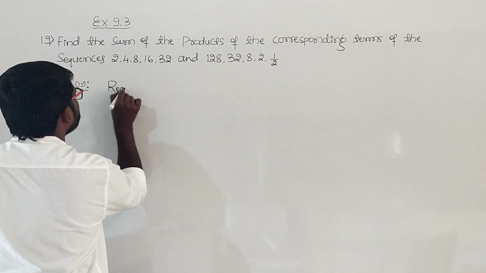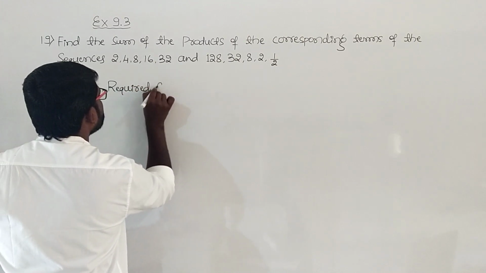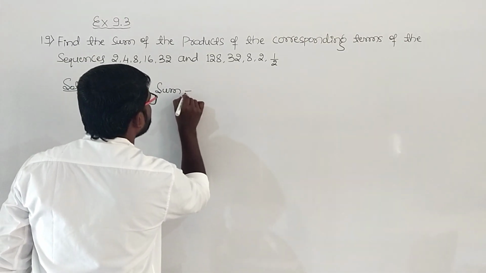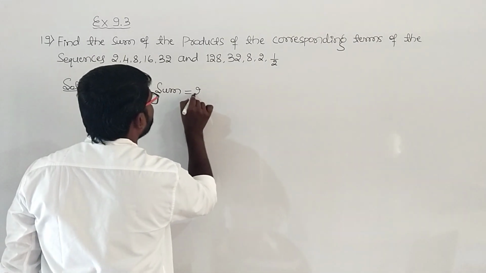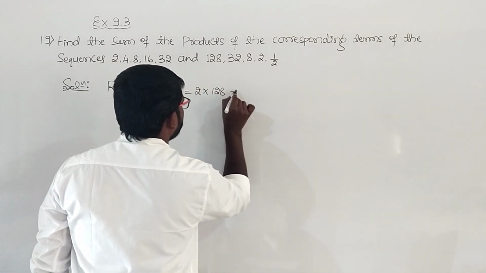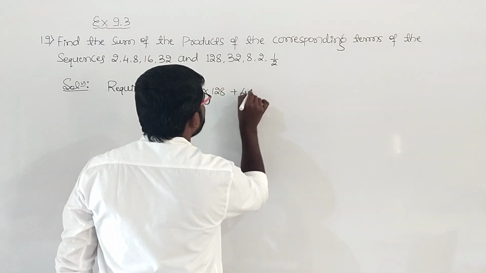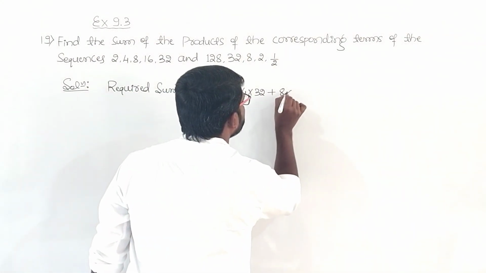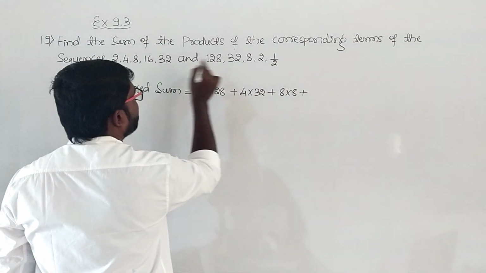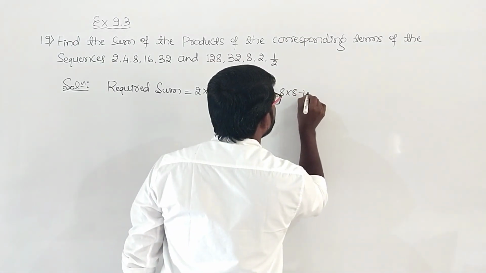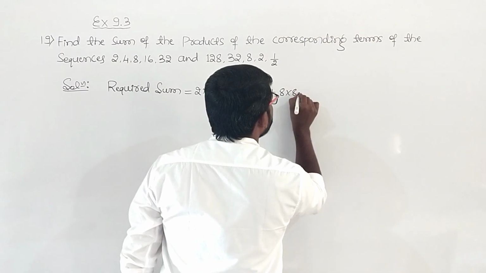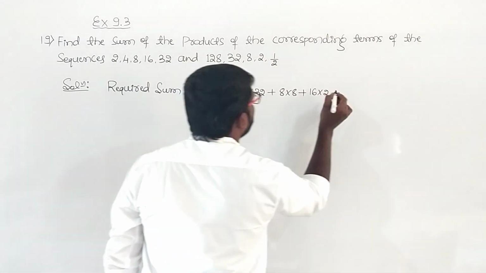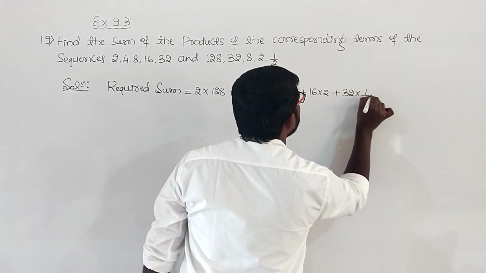Required sum is equal to 2 into 128 plus 4 into 32 plus 8 into 8 plus 16 into 2 plus 32 into 1 by 2.